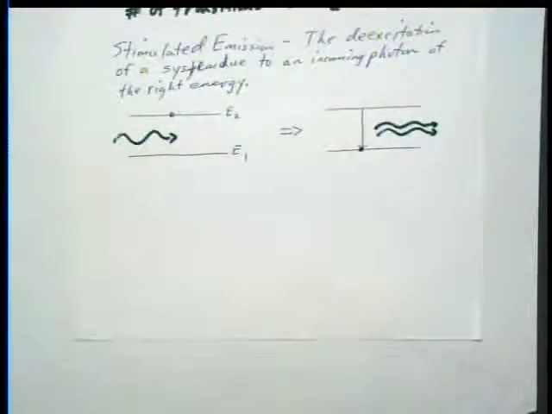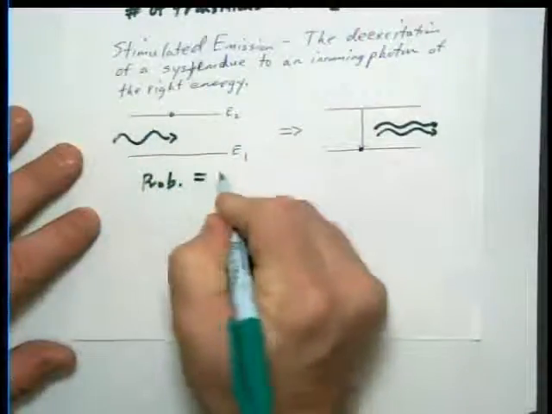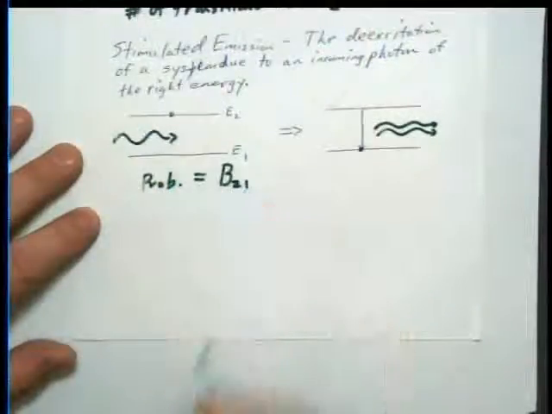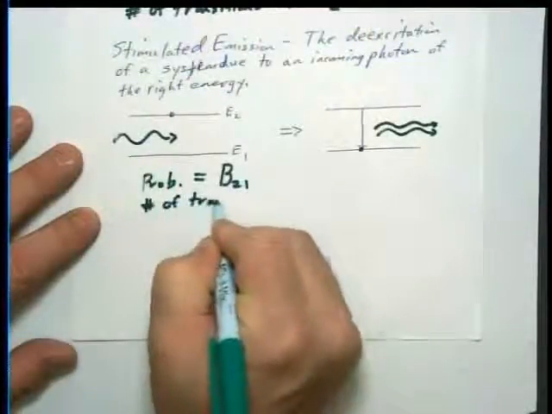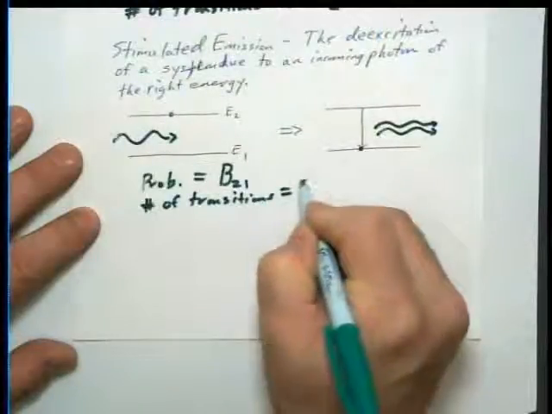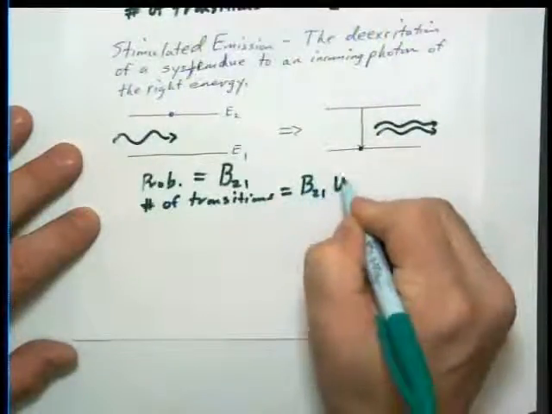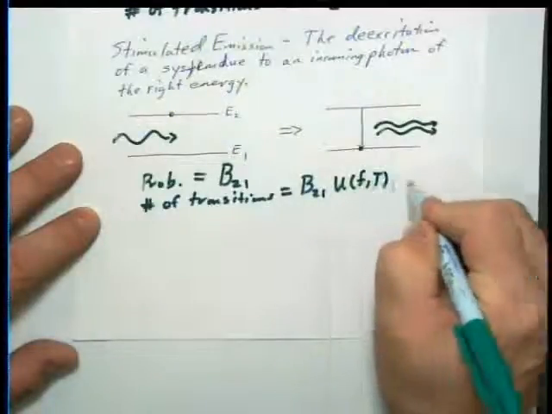So for this one, the probability, and that's where we'll end for today, is B21, and the number of transitions is equal to B21, and yes, depends on there being photons, and N2.